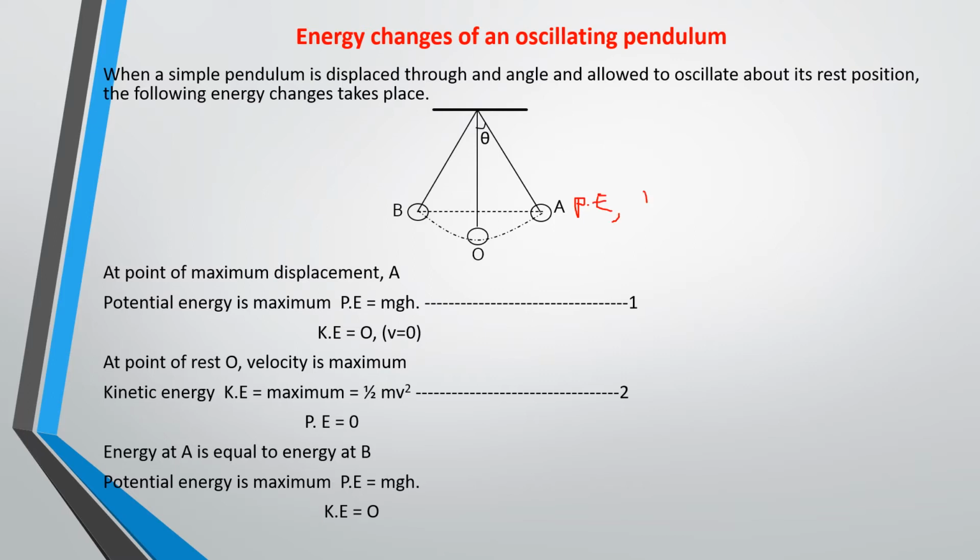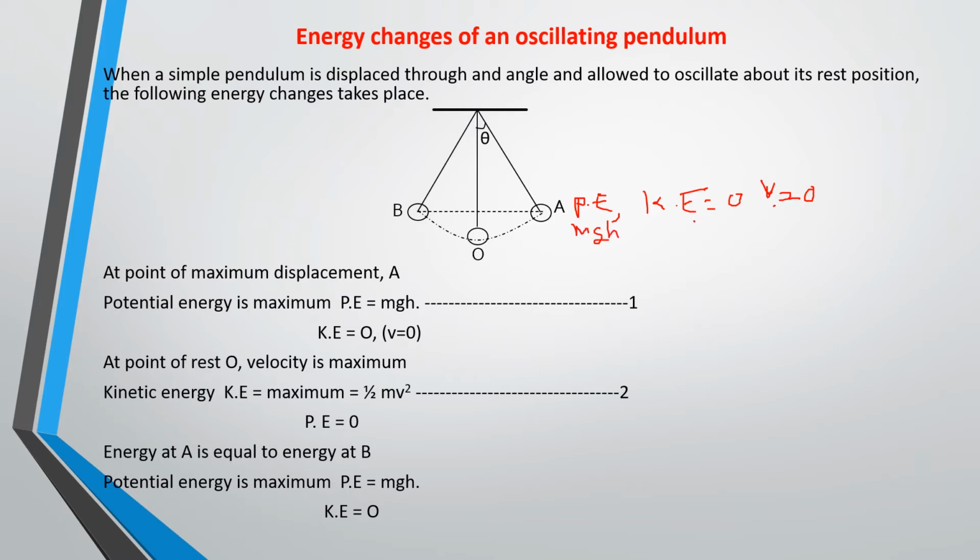Kinetic energy is equal to 0, because here velocity is equal to 0. This is the point of maximum height. So energy here is equal to potential energy, which is mgh.